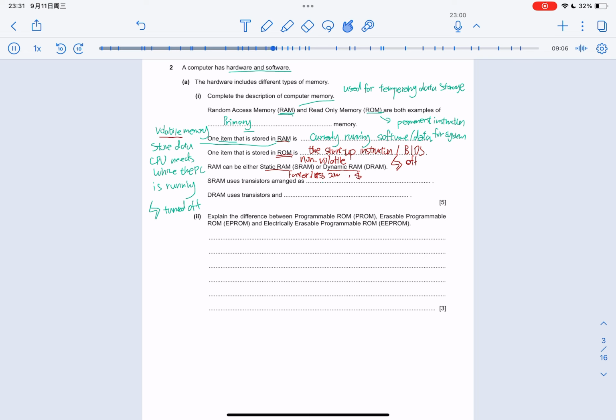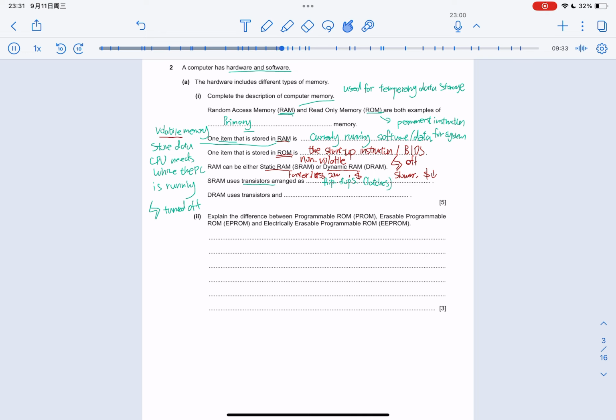DRAM is much slower, but it's cheap, which means a cheaper cost to maintain the system memory. SRAM uses transistors arranged as flip-flops, which are also called latches.